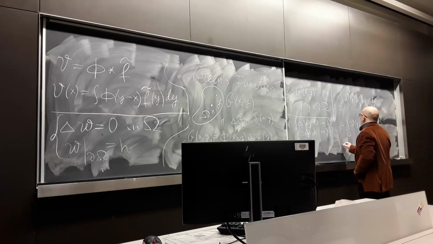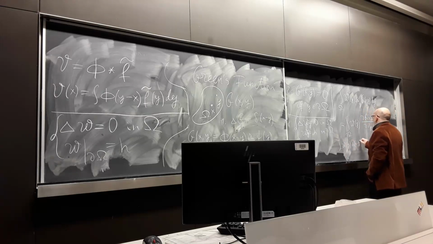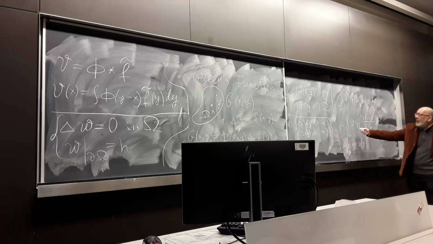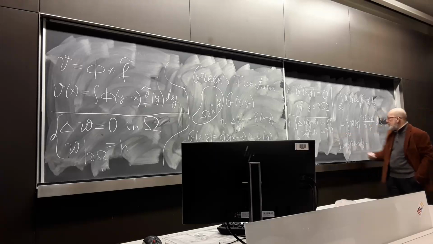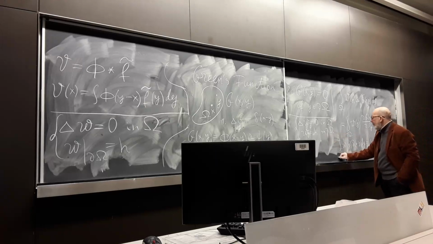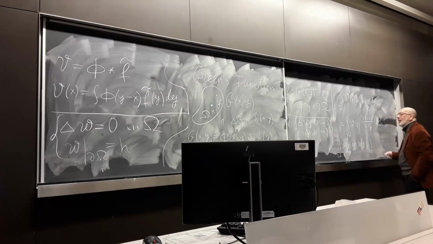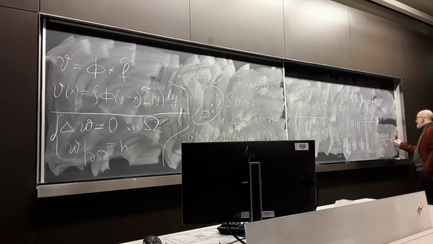So the integral of W of y times delta of x minus y dy equals, now W of y on the boundary is h, the integral over the boundary of omega of h of y times the normal derivative of g of x, y with respect to nu y, ds.